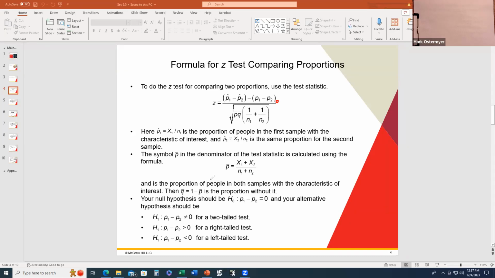Well, p bar involves both samples. It requires that we know how many observations from each sample exhibit the characteristic of interest, divided by the sum of the sample sizes. And q bar is always equal to 1 minus p bar. All right. So it's interesting to note that this quantity is actually required for us to be able to compute our test statistic value here.